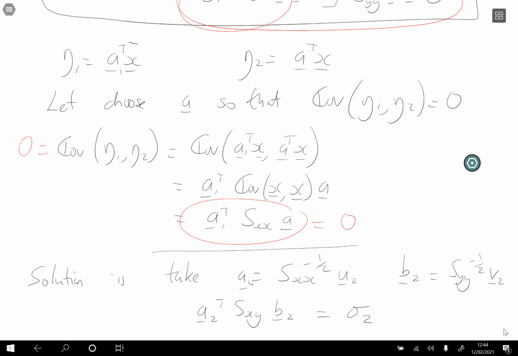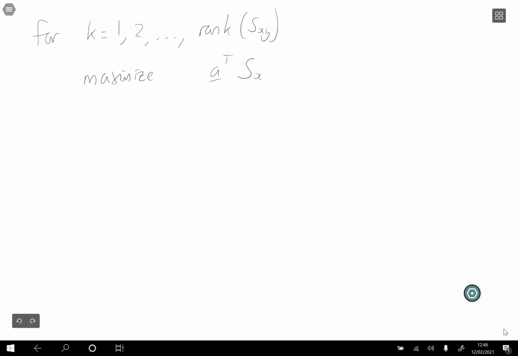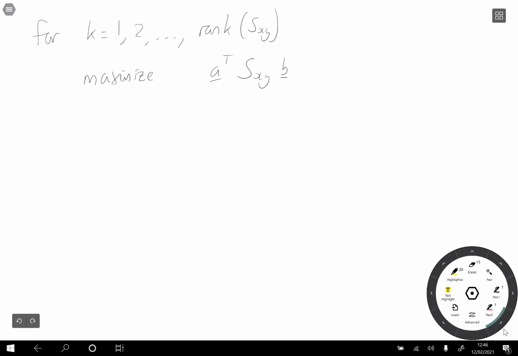Okay. So let's write this out in full generality. Our problem is going to be, for k equals 1, 2, up to the rank of SXY, we can't go beyond that, we're going to want to maximize A transposed SXY B. Let's write down the interpretation of what that is.